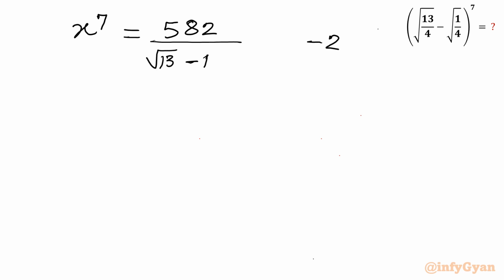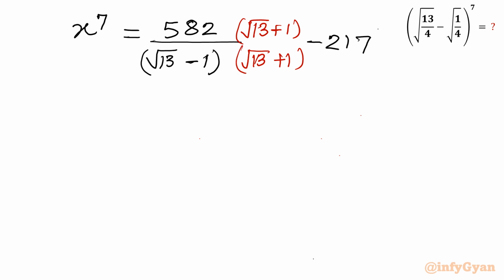I will write here x power 7 equals 582 divided by root 13 minus 1, minus 217. Now I will multiply the numerator and denominator with the denominator's conjugate. So I will be writing root 13 plus 1, and the same bracket I will write in the denominator to rationalize this denominator.